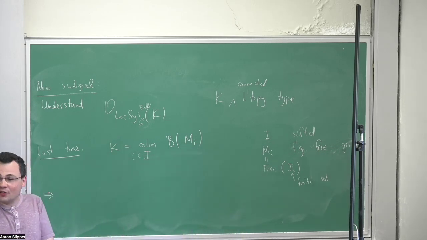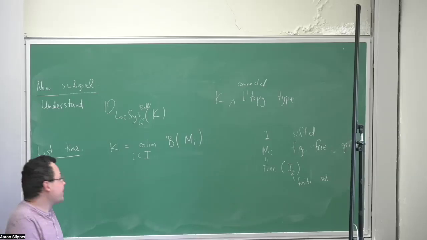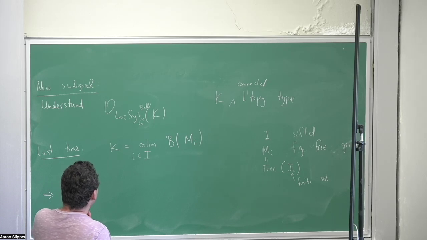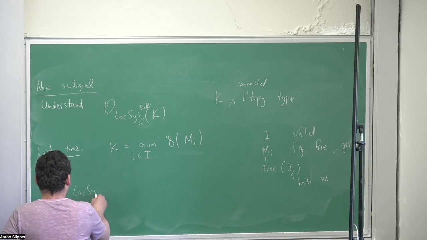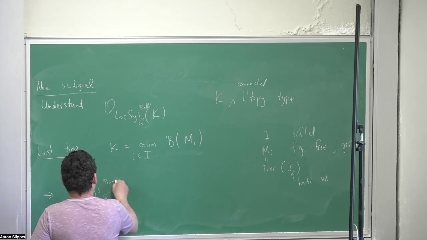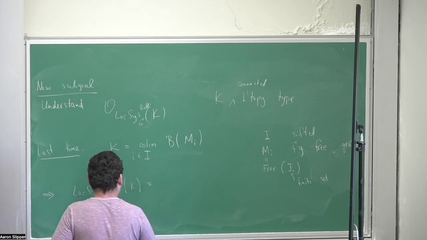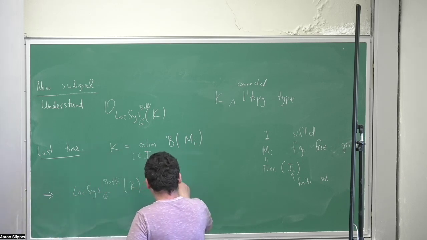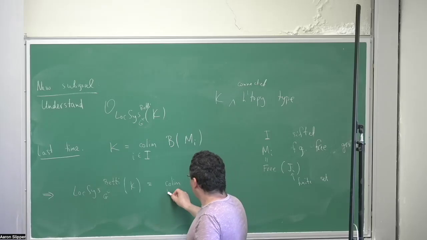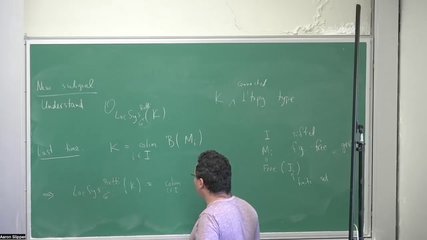Monoids are smaller than groups, which is maybe a reason to take that if you want. But anyway, the upshot here is that this guy is covariant in this, and we'll check that this is the colimit.